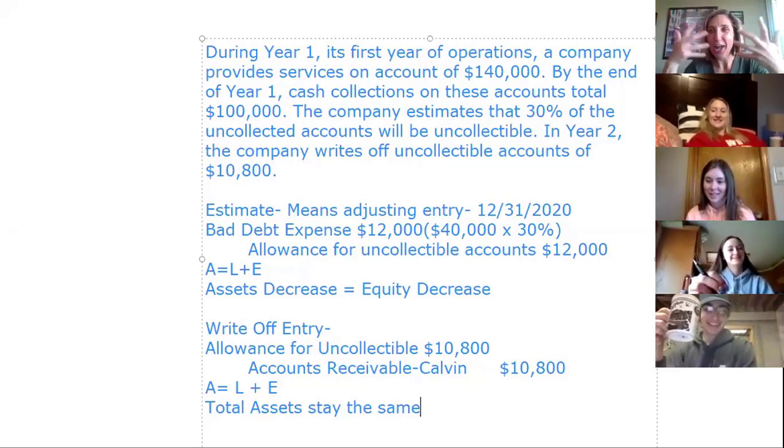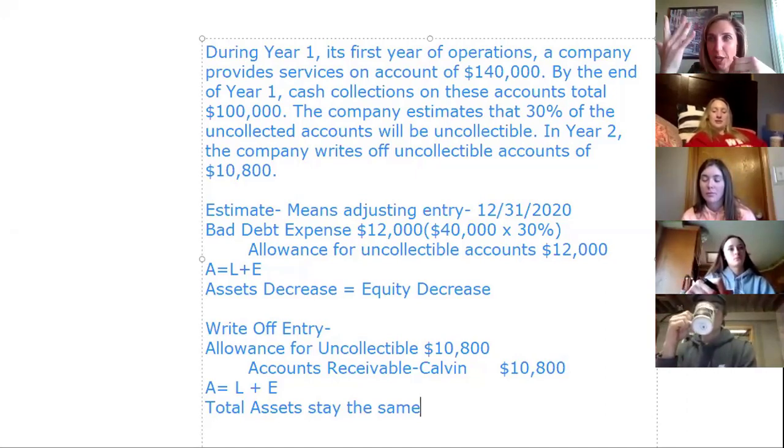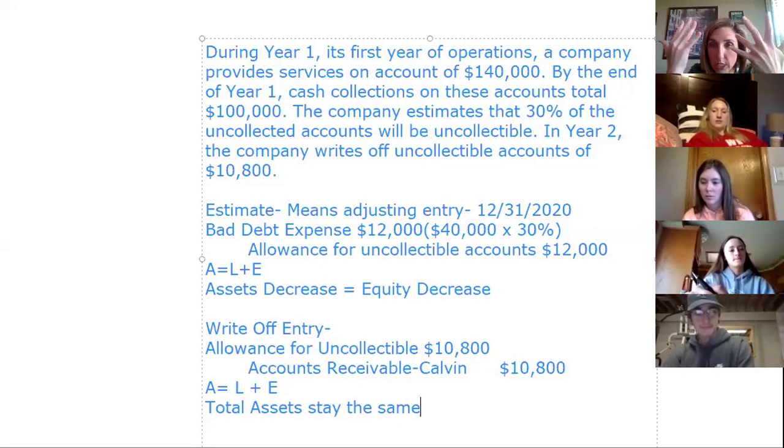Yes. Okay, so first we provided services on account, right? Revenue. But some of those accounts receivables, we don't think we're actually going to collect. So at the end of the year, in the same month, quarter, or year, we record bad debt expense, because there's a relationship between this bad debt expense that we recorded back up here, the 12,000, and the revenue from that current year.